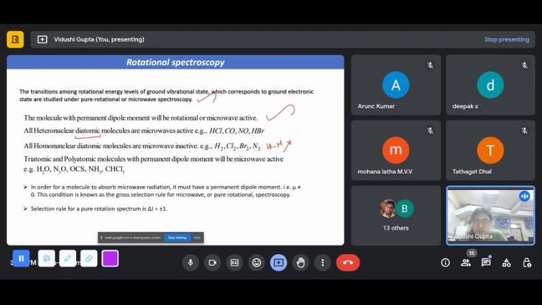For triatomic molecules, like H2O, here also there will be a permanent dipole moment, so they are all microwave active, like H2O, N2O, OCS, ammonia, and chloroform. So just remember, those molecules which have a permanent dipole moment, that is, whose dipole moment is not equal to zero, only they will be rotational or microwave active.